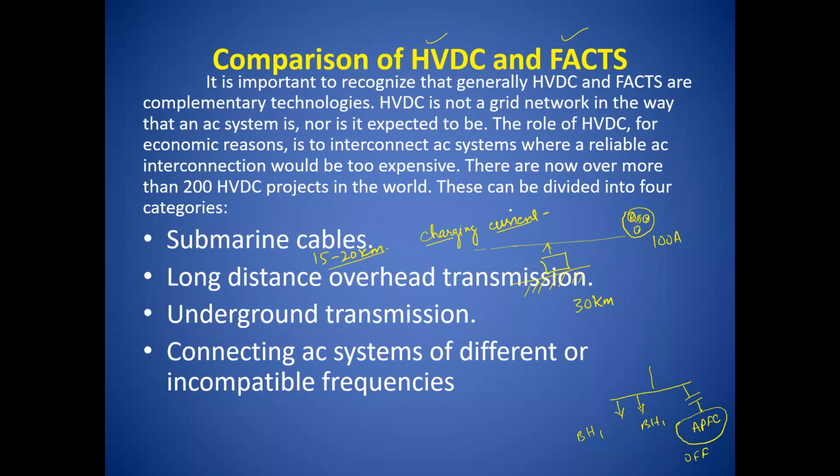What is that? Say, for example, the HVDC is mostly preferred from the economic point of view. It is seen that, say, this axis is the length of the line in kilometers, and this is the relative cost.